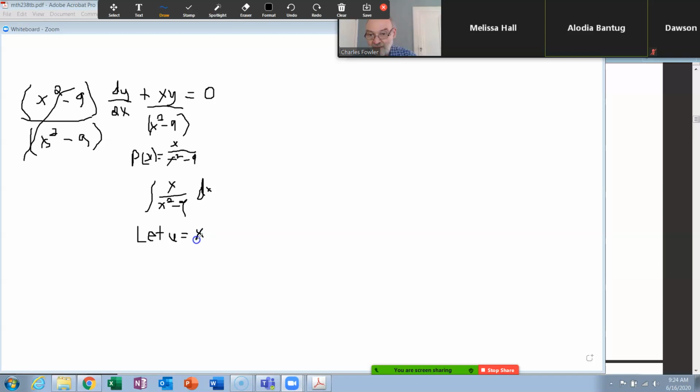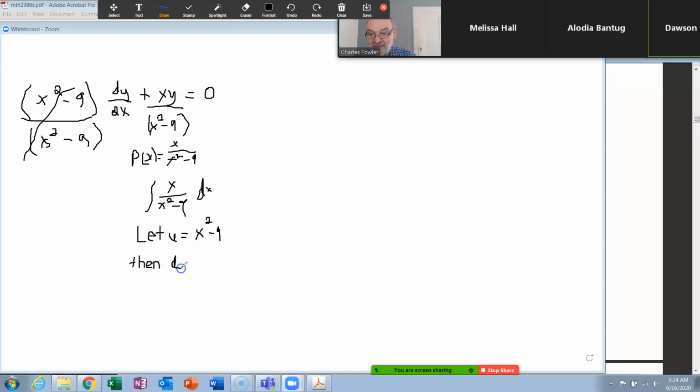Let u equal x squared minus 9. You don't need a dv here. This isn't by parts, it's just u substitution. The next line after u is always du. So du is equal to what?